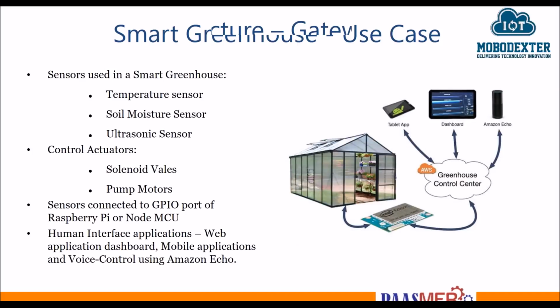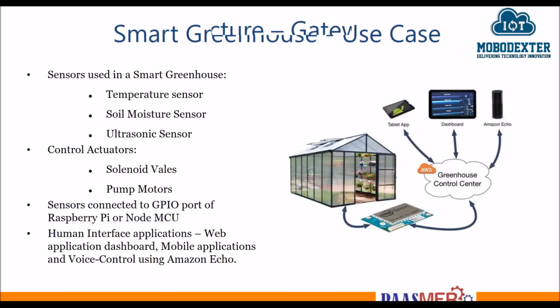And you have a lot of actuators like pump motors for sprinklers, solenoid valves, a humidifier, a fan perhaps, or something to open the windows and doors to let in more fresh air.